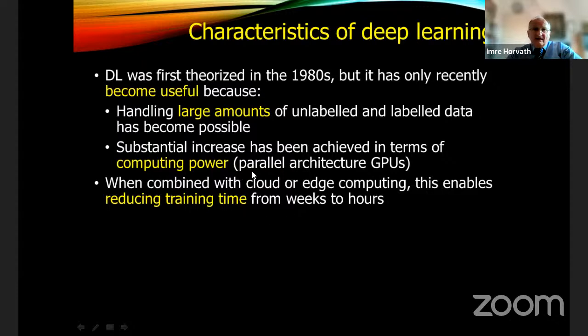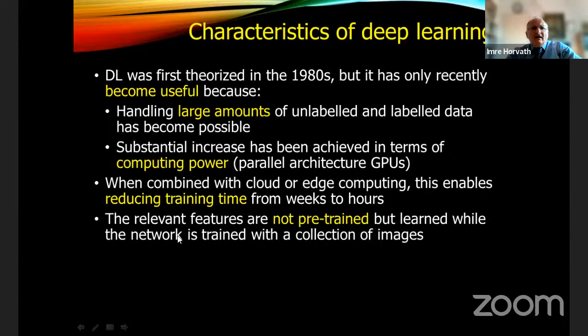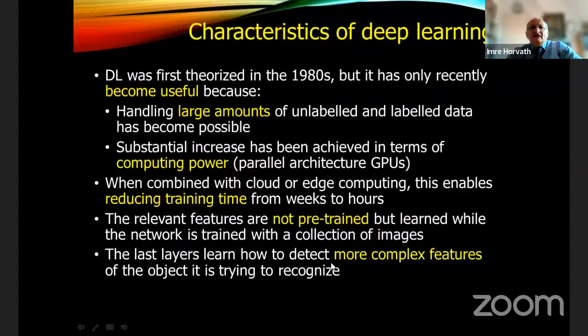This is what I typically see written in the literature, but on the other hand, I believe this statement is a highly conditioned one. The relevant features are not retained but learned while the network is trained with a collection of images. Obviously, contrary to this fact, I mean that the system automatically tries to learn the features. A lot depends on the input data, how they are representing the problem and how they are structured.